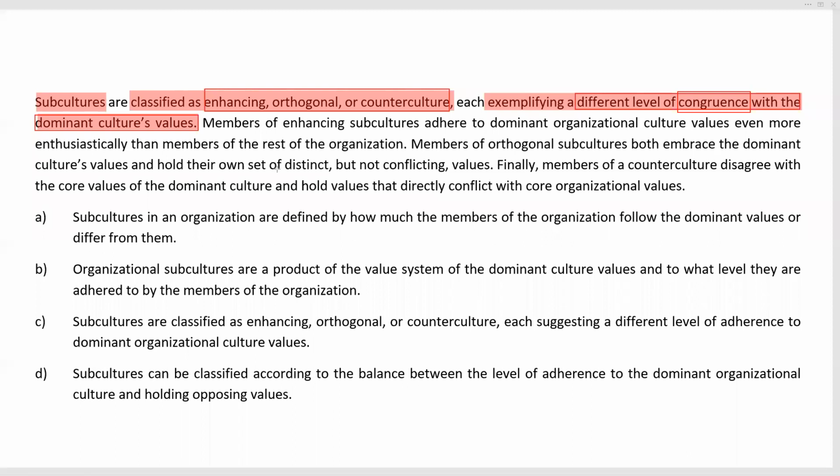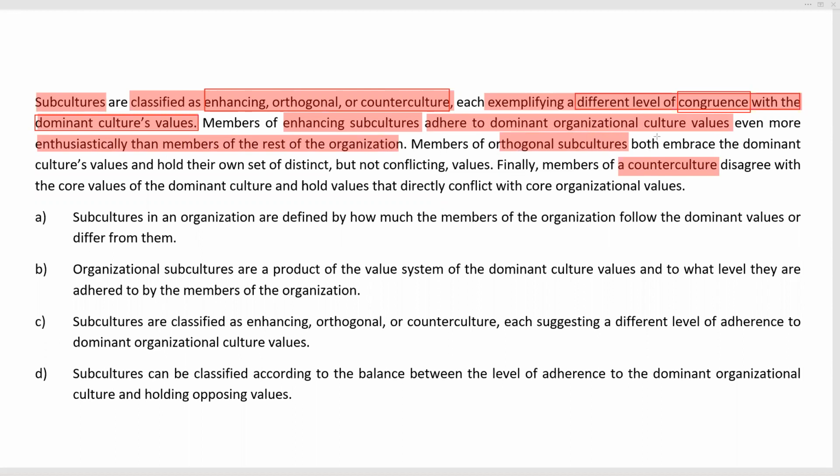Then we have the explanation of these three types: the enhancing subculture, orthogonal subcultures, and a counterculture. The enhancing ones adhere to the dominant organizational cultural values even more enthusiastically than members of the rest of the organization.